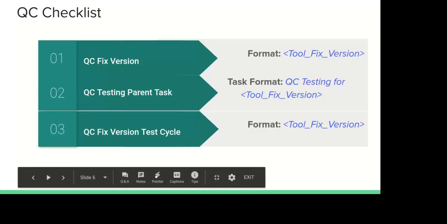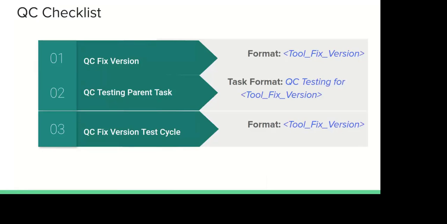Okay, the QC checklist. Whenever there is a development or fixed version development, we will use the current tool fixed version. This is the format, tool fixed version, for our QC fixed version. And then we will create a QC testing parent task in Jira.